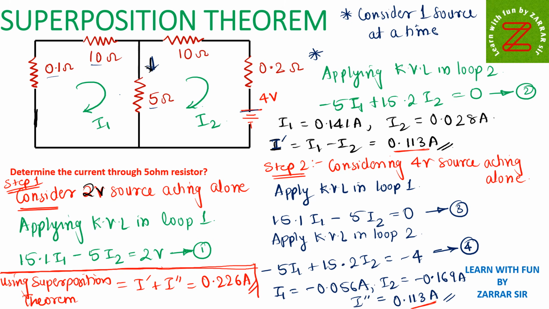So this is your final answer using superposition theorem. This is the way to calculate superposition theorem if 2 voltage sources are given.